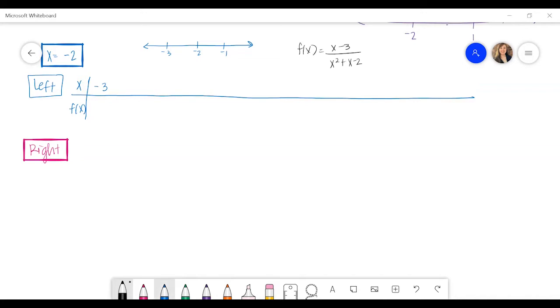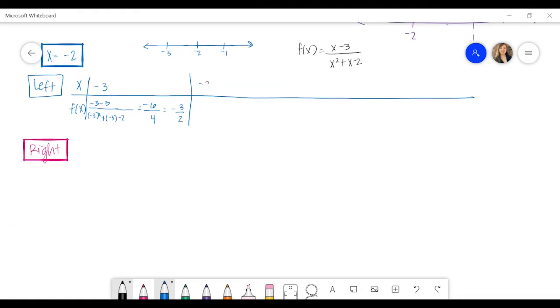That's negative 3 minus 3 divided by negative 3 squared plus negative 3 minus 2. So the numerator is negative 6 divided by 9 plus a negative 3, so that's 6, minus 2, and that's going to be 4.